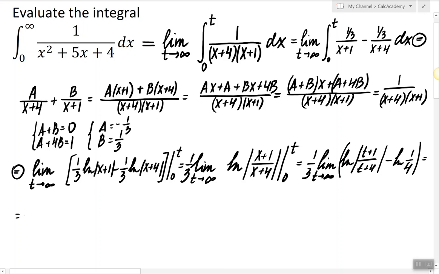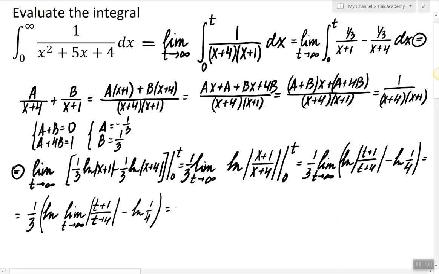Now finding this limit as t goes to infinity, we first have to identify ln as a continuous function, so we can switch ln and the limit, so we can take natural log of the limit as t goes to infinity of t plus 1 over t plus 4, and ln of 1/4 is actually just a constant, so it doesn't have to be part of the limit, and the limit of that ratio is 1 because it's just a rational function, and the leading terms are exactly the same.